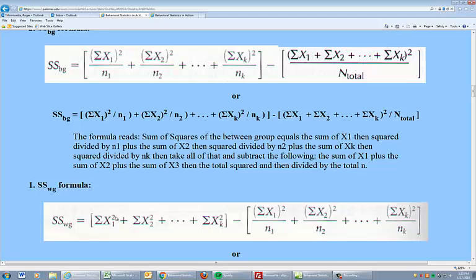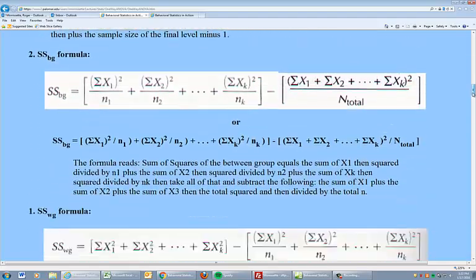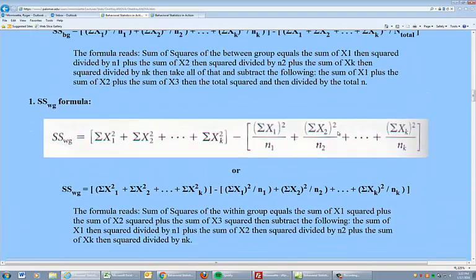This is just the sum of x squared for the first group, the sum of x squared for the second group, and again, the sum of x squared for the third group. Do these numbers. Once you plug in the sum of squares within value, divide it by the degrees of freedom, it gives you the mean squares value, and then this divided by this is the F ratio, and you get your solution. That's the simple way, I think, of working on one-way ANOVA calculation by hand.